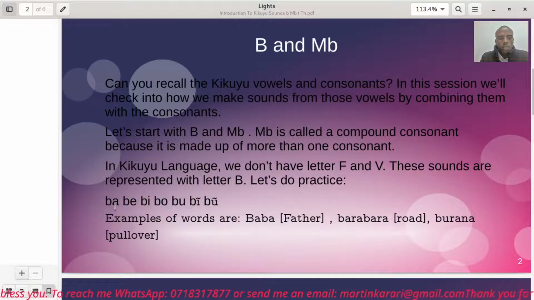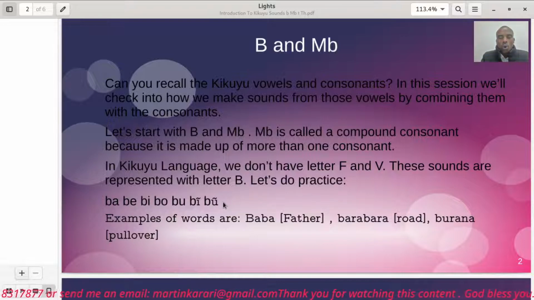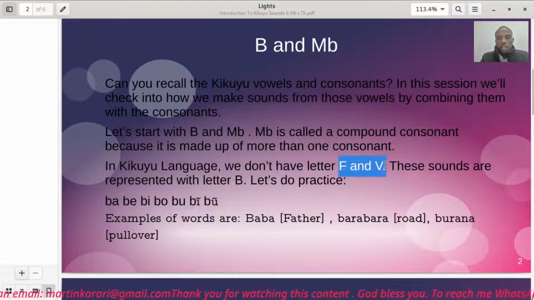So, this one is fa, fe, fi, fo, fu. You have always to remember that that replaces the sound F and V, for these do not exist in the Kikuyu alphabet.